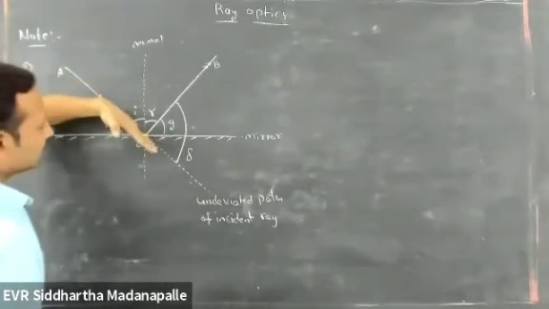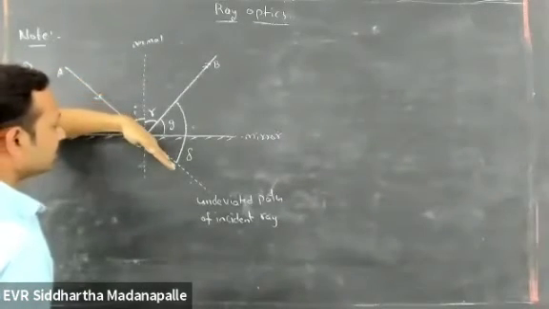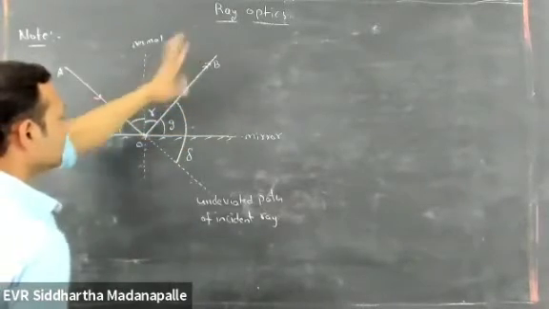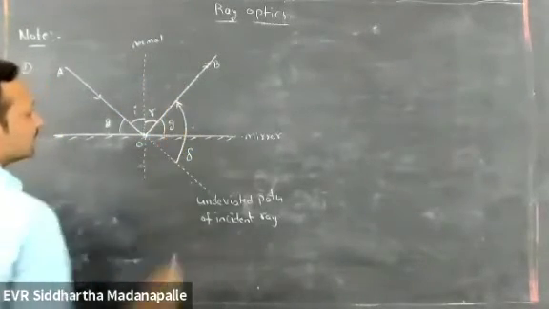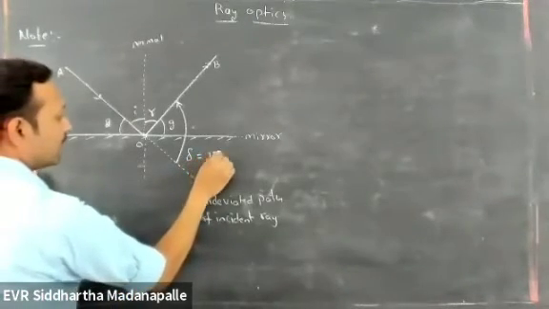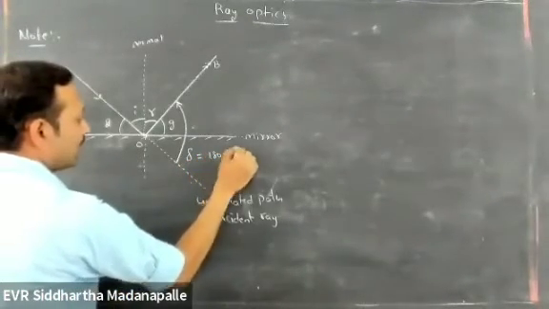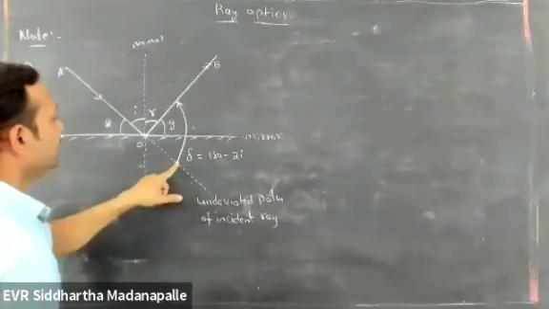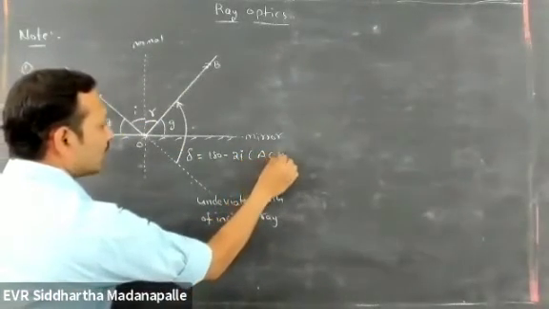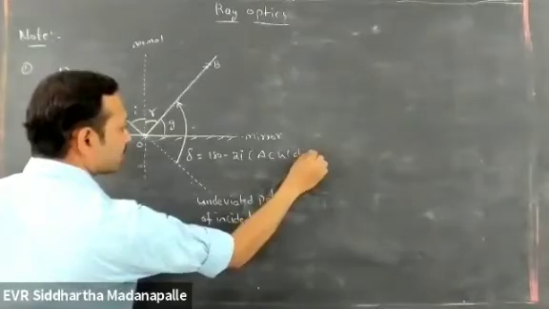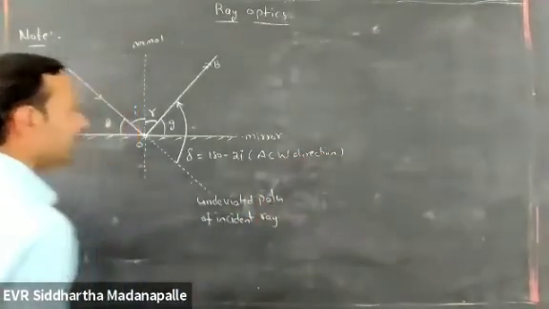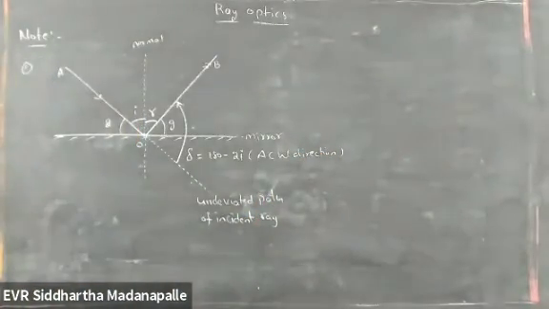So whatever we have calculated here, delta is equal to 180 minus 2i. This is the angle of deviation in the anti-clockwise direction. So this is the formula for the angle of deviation in the anti-clockwise direction.